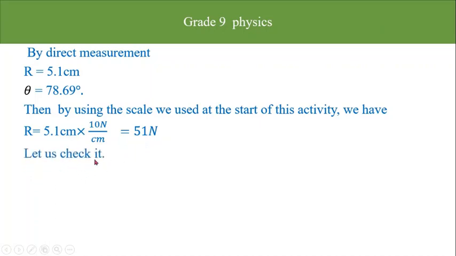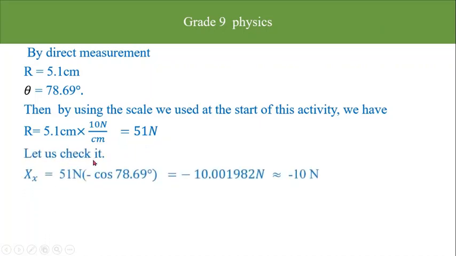Let us check it. Xx, which is the x component of force x, is given by 51 Newton times negative cos of 78.69 degree. This negative is because in the third quadrant, both cosine and sine are negative. Therefore, it takes a negative sign here.